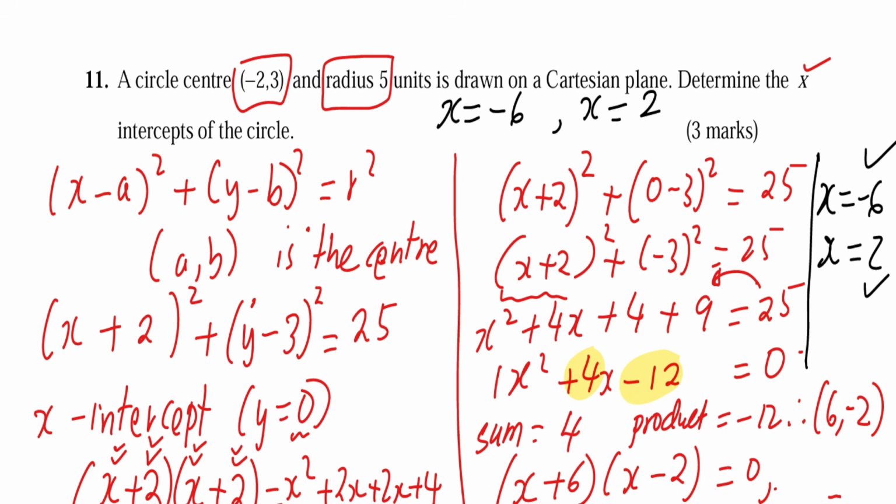And these are your x value answers. So the x-intercepts, I'm writing it here because there is no space left, are negative 6, 0, and the other one is 2, 0. So these are the x-intercepts.